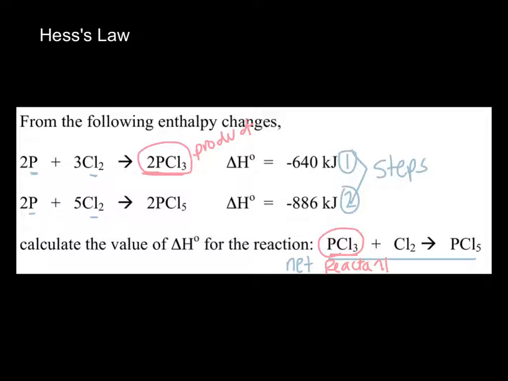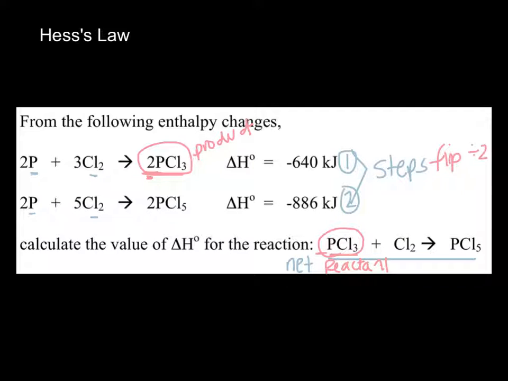So what I need to do is flip this first step so that they're on the same side. The second thing I need to do is look to see if we have the same number. I have 2 here, and you do this by looking at the coefficient, and I only have 1 here. So I also need to divide this whole reaction by 2.